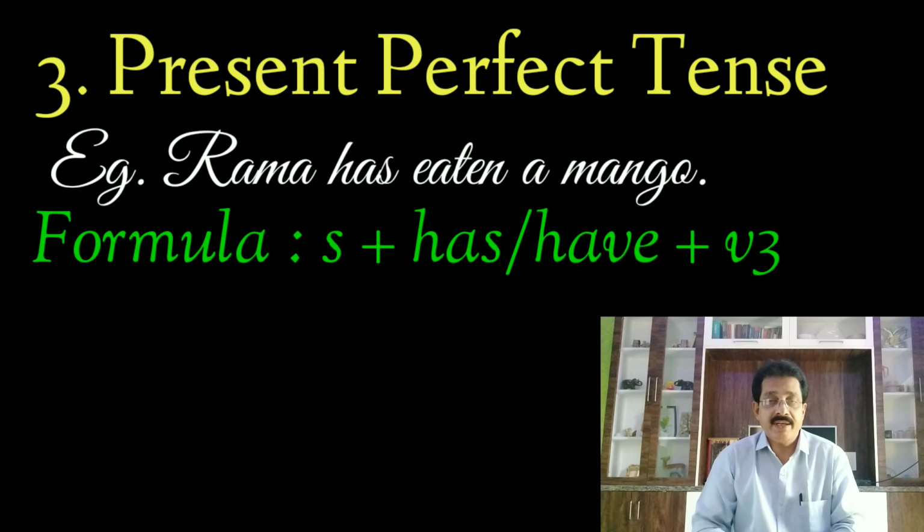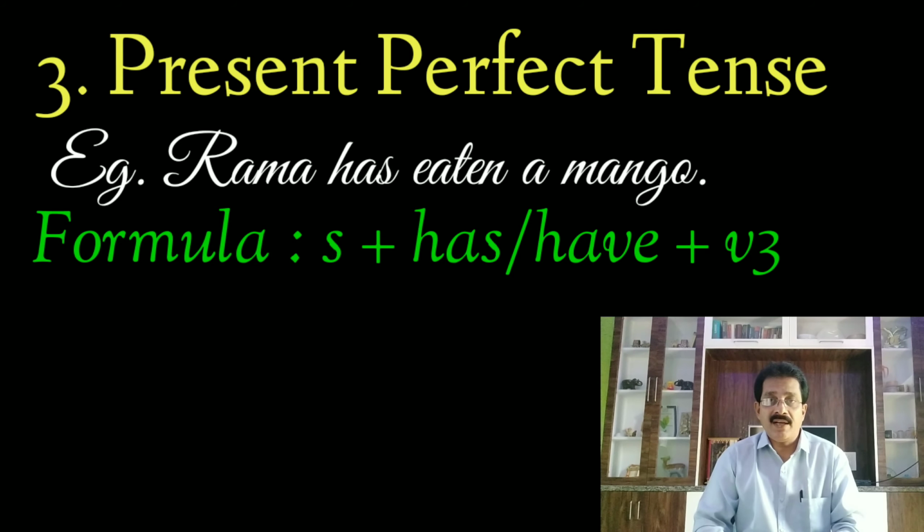Okay, so let's see the structure or the formula. What is the basic structure needed to make a present perfect sentence? Rama, subject, has, auxiliary verb, eaten, V3, that is verb in the past participle form. So when I talk about formula, I include only the elements which are necessary.